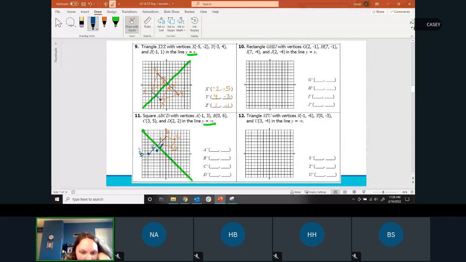D is 1, 2 blocks away. So D prime will be 1, 2 blocks away. And this is on the diagonal, of course. And C is going to be 1, 2, 3, 4 blocks away. So C prime, 1, 2, 3, 4. So here is your new shape reflected across that line.